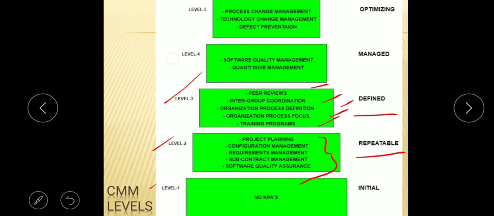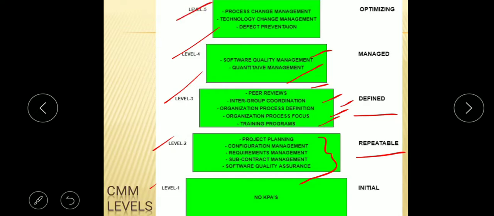Next is level 4, or managed, or quantitatively managed, in which processes are measured and controlled. Here, software quality management and quantitative management are the parts of this managed level, or level 4. Next is level 5.